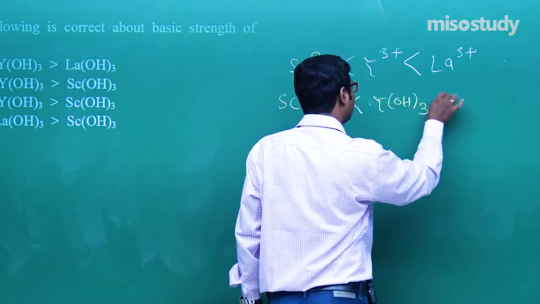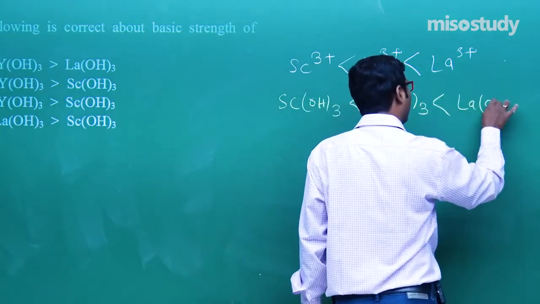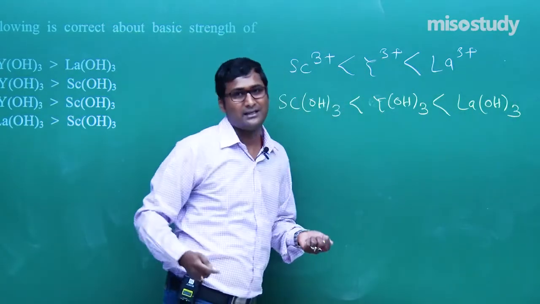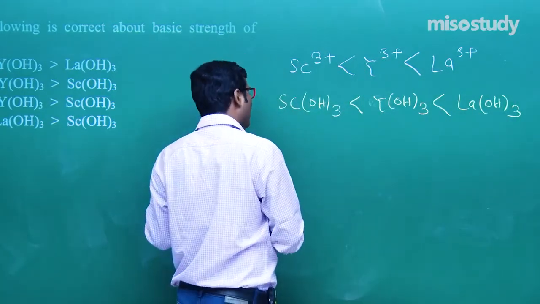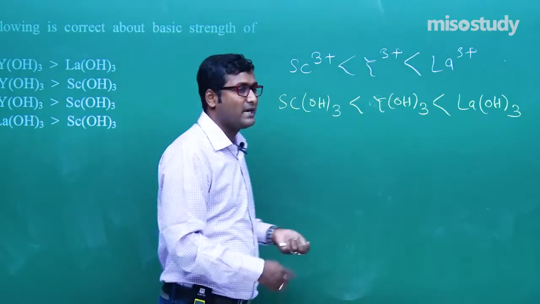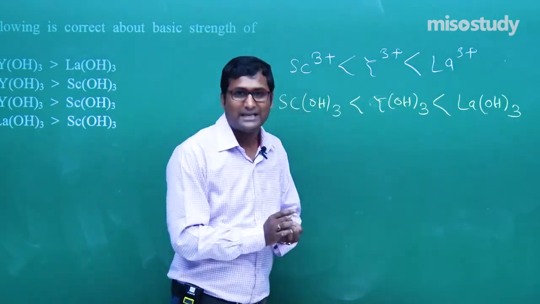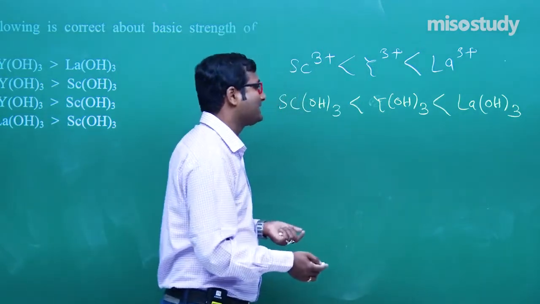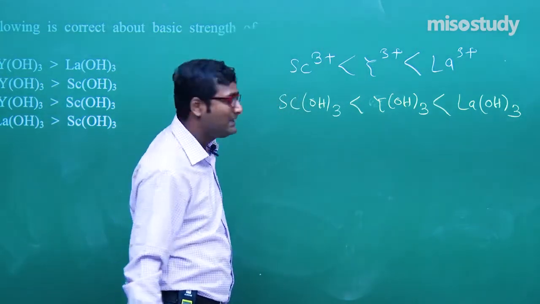Sc(OH)3, Y(OH)3 and La(OH)3. So what is the basic strength character? It is very simple. As we know, if size increases, it relates to ionic character and metallic character also, and in this case basic strength increases.